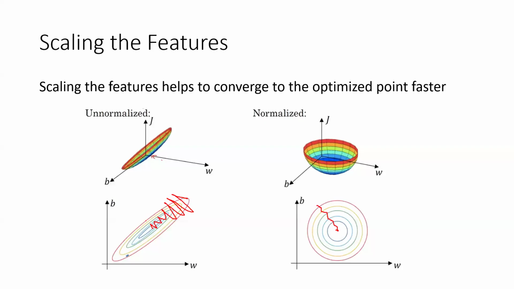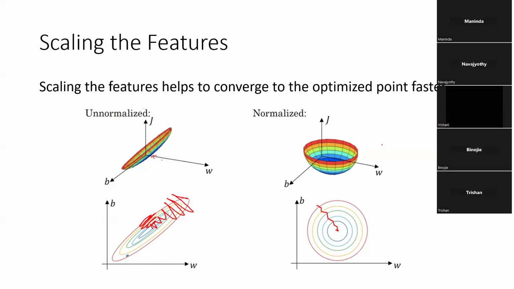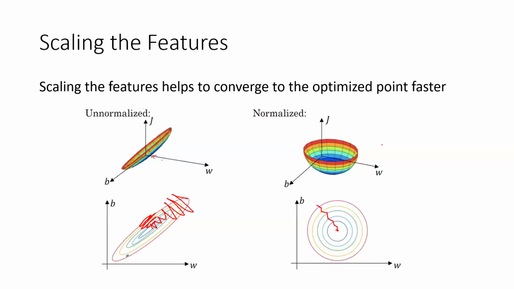If you start here also, you will move here and there because your algorithm will not clearly understand where to move, because the gradients do not have a clear path to follow in this kind of scenario. Because of that, it is very good if you can scale your features. So that is the idea.